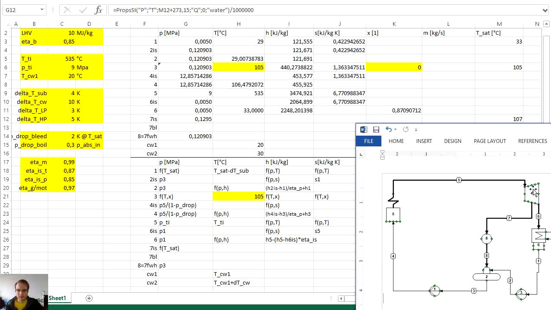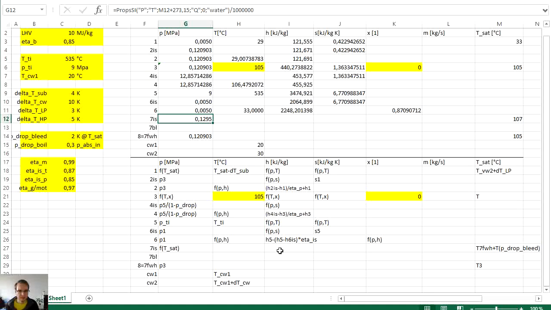But we will consider that in the turbine there is constant efficiency across the expansion. So that means that point 7 isentropic will have actually the same entropy as point number 5. So 7 isentropic S is the same as 5, the same isentropic expansion.